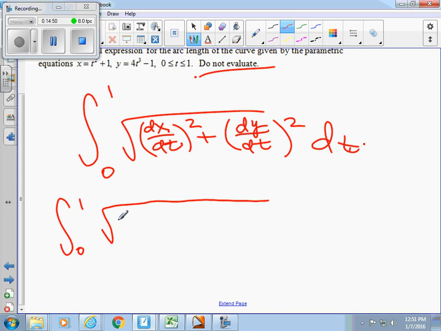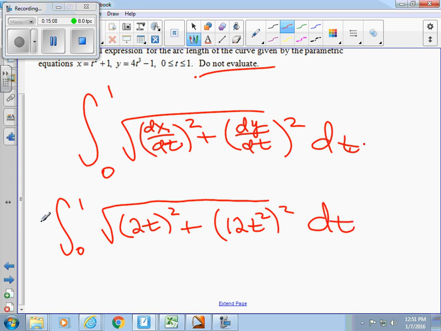Dx dt would be 2t. Plus dy dt would be 12t squared. Is that right? That is the arc length.